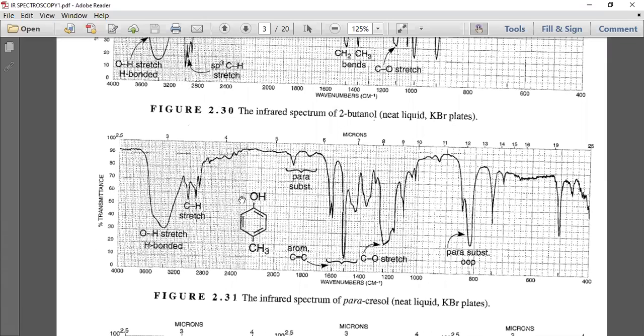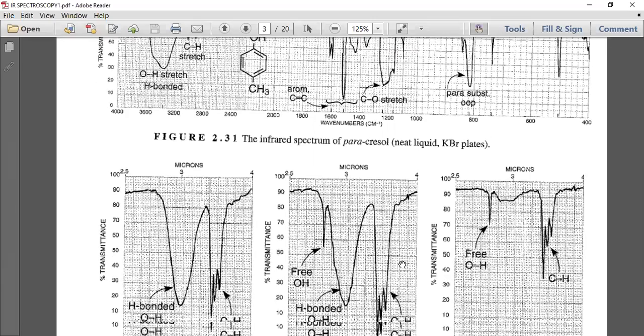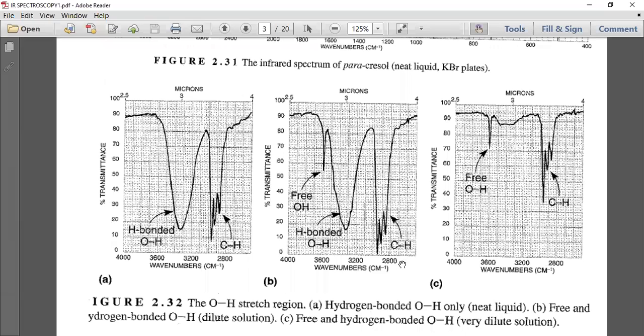For phenol also, it gives the same broad peak. It is a para substitution, so we will get an OOP peak at more than 800 among other peaks. Here you see the differences between hydrogen bonded OH and free OH.